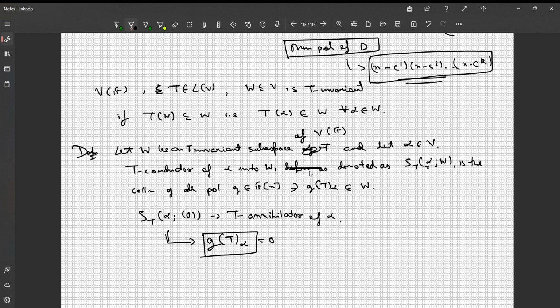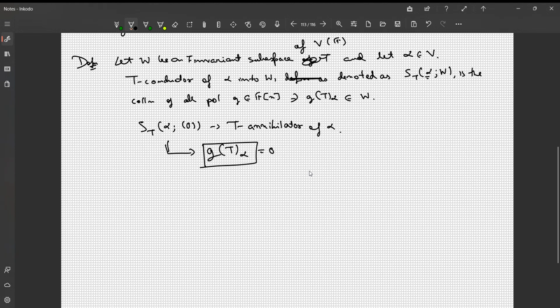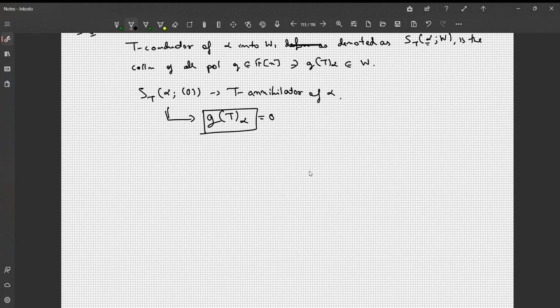Clear? We have previously talked about annihilators of operators. Here we have something called the T annihilator of a vector. The definition we used in the first lecture on invariant subspaces was slightly different. We will obviously come to that.